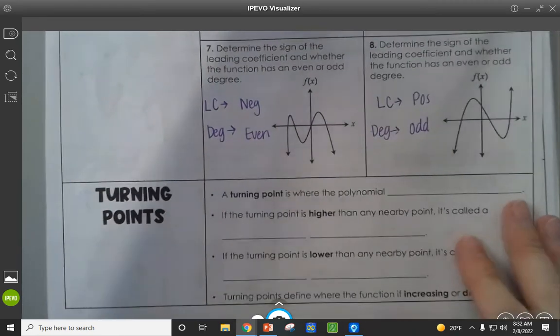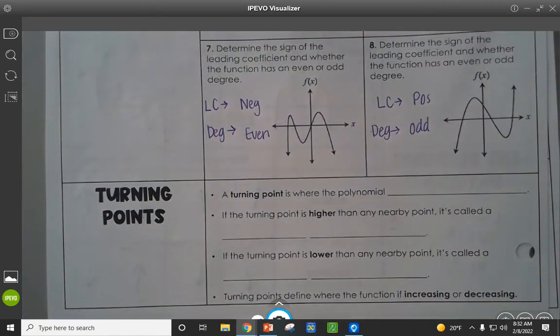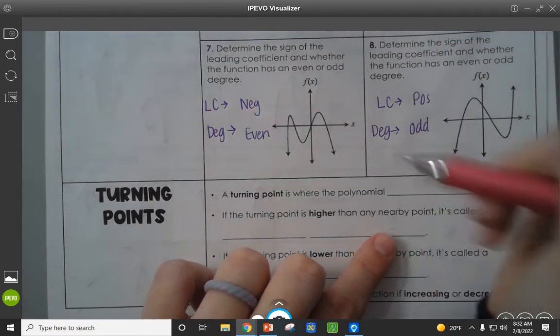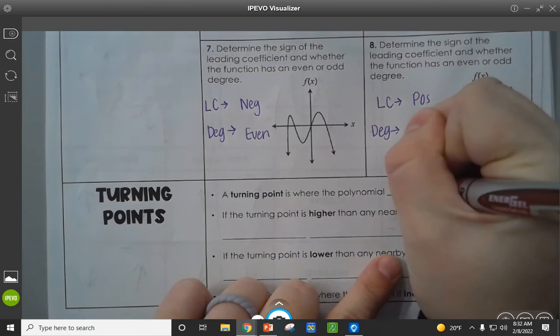All right, turning points. A turning point is where the polynomial changes direction.